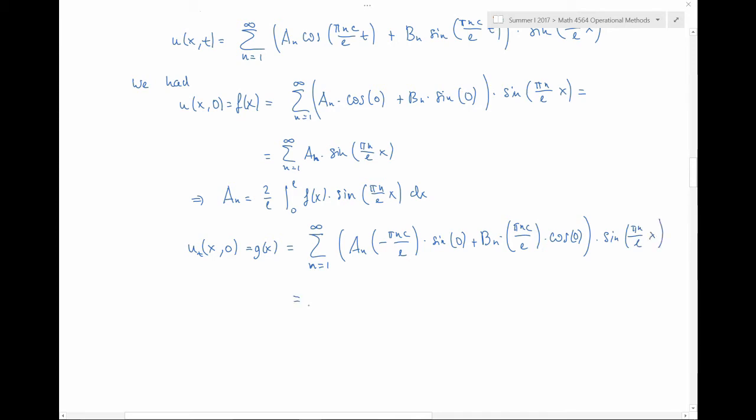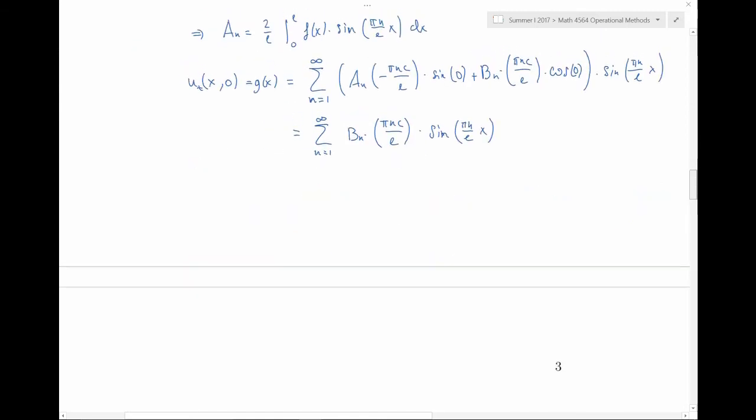So what happens here is just a summation as n goes from 1 to infinity of b_n times pi n c over L times sine of pi n over L x. So again, it is a sine series, but there is a coefficient in front.